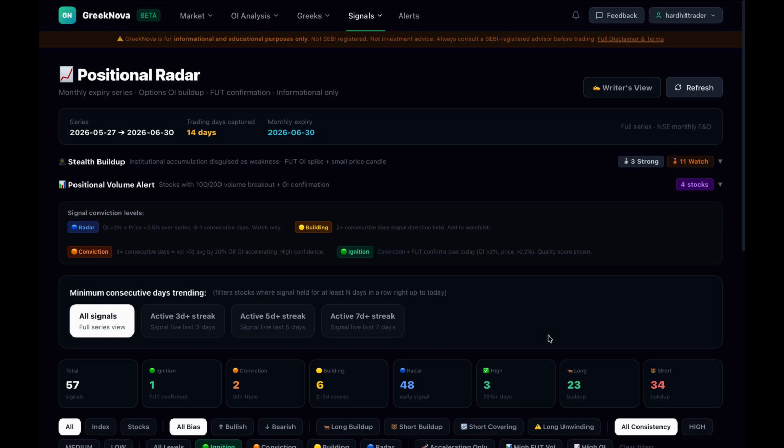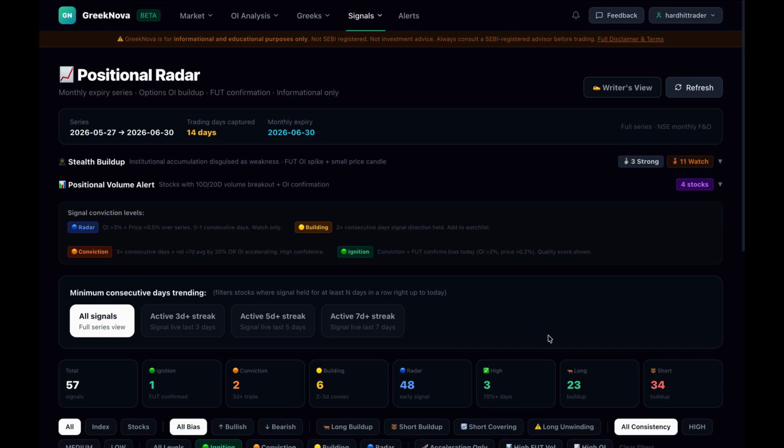So typically, this is part of the positional radar. What I wanted to know as a trader every day is whether I have an opportunity to find any stock where the open interest is a bit considerable, but the price close to close hasn't moved much.